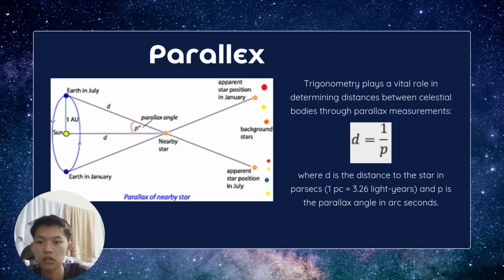The smaller the parallax angle, the farther the star. This method is a fundamental tool for measuring distances to nearby stars and serves as the basis for the cosmic distance ladder in astronomy.